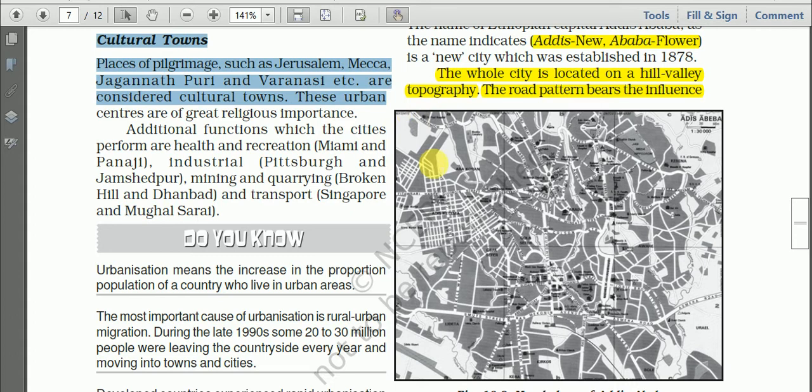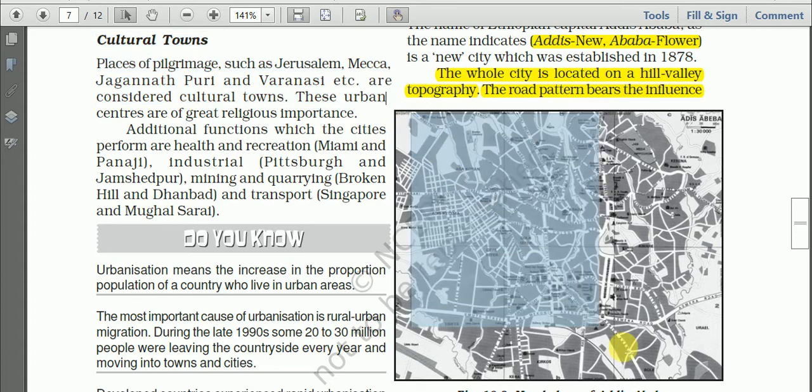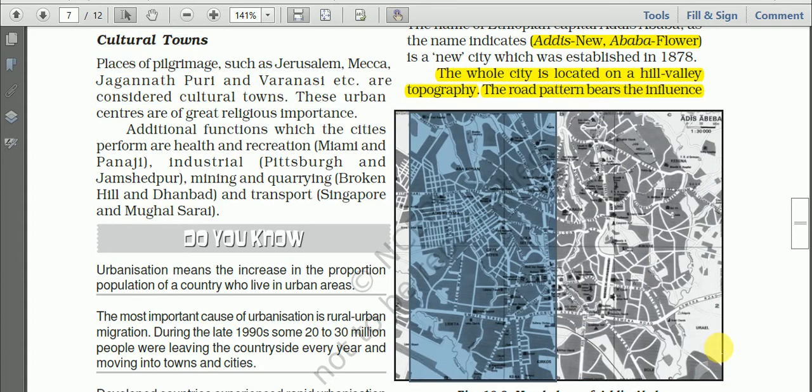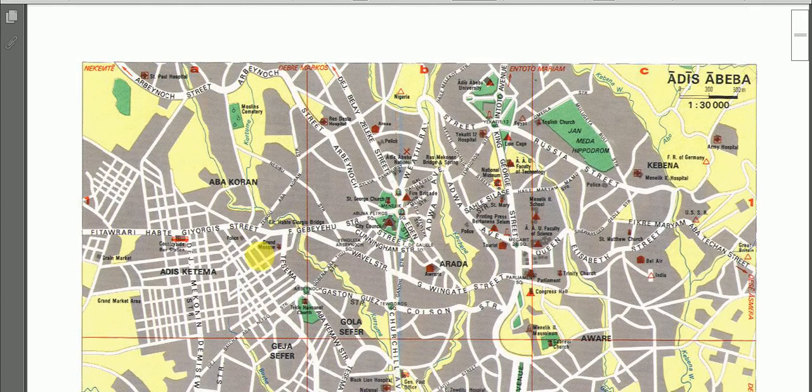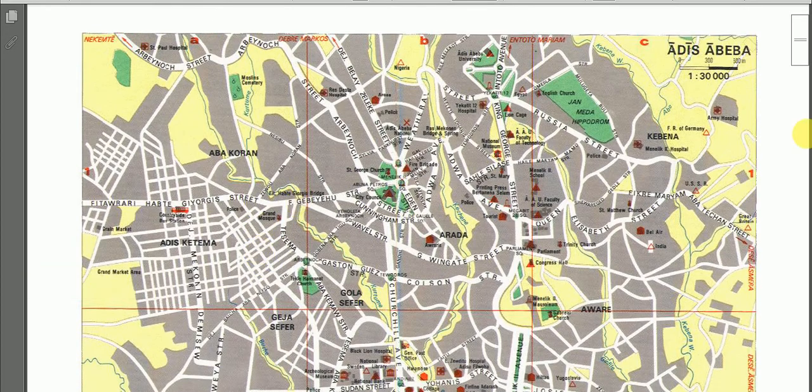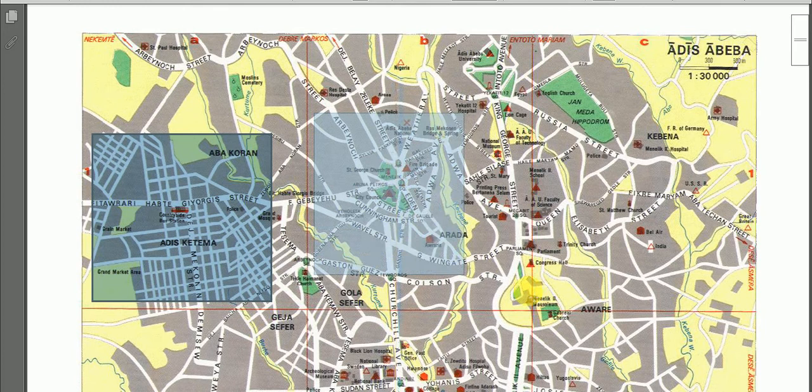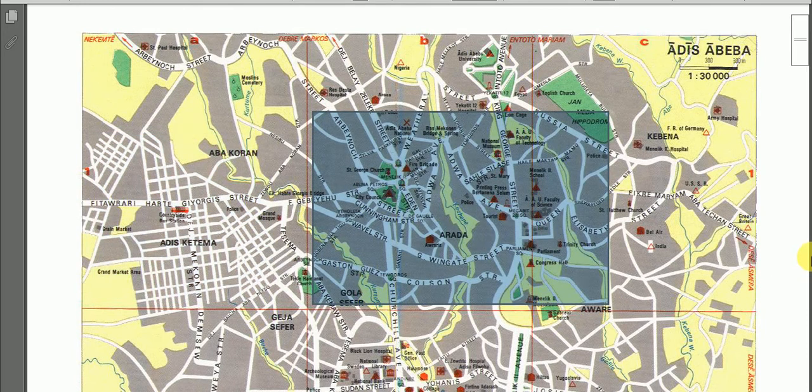This is the map, and I have reproduced it here. If you see this map, in some areas we find very straight roads and highways that cut at right angles, whereas in other areas the roads are winding.